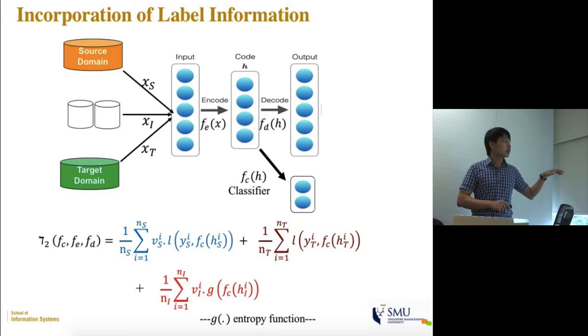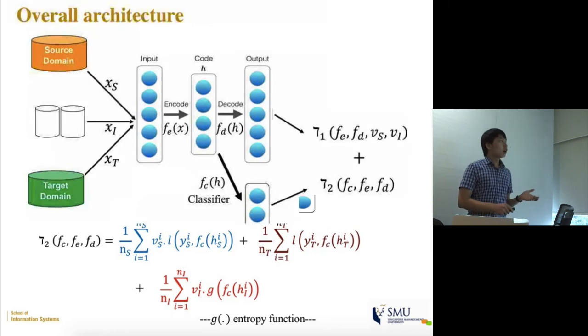So for the labeled data, you can define a loss function between the label and the probability of the predicted label. And for the intermediate domain instances, because they don't have labels, they use an entropy function to say that I want to select the most likely instances that are helpful for the transferring process.